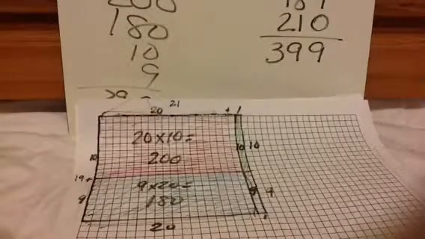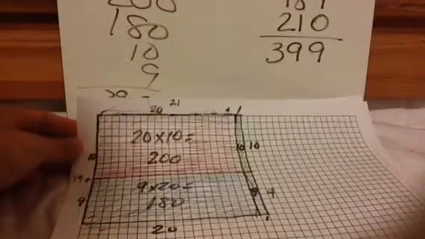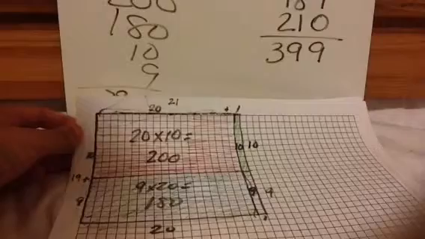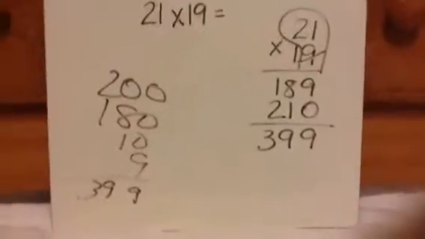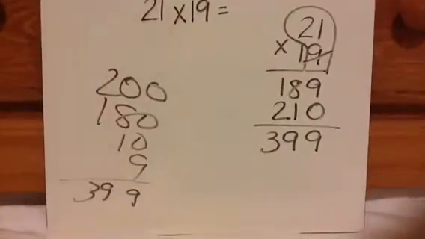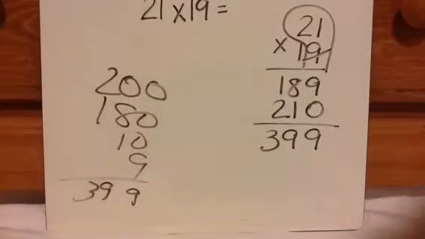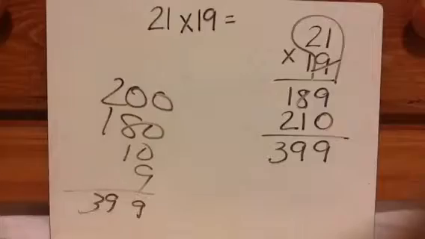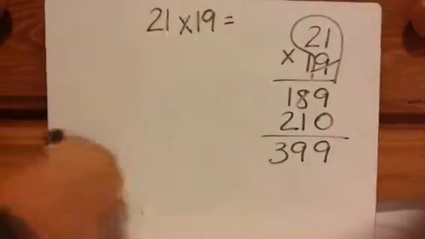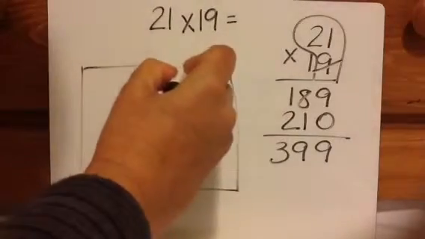If you have grid paper, go ahead and get that out. If not, I put a link in the information box below that you can print those out and use them for these. And notebook paper, you guys just get any regular notebook paper to do this. I also would like for you to, it would be good practice to go ahead and show the 21 by 19 without a grid.